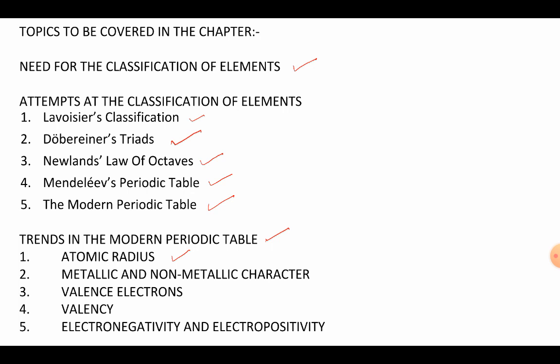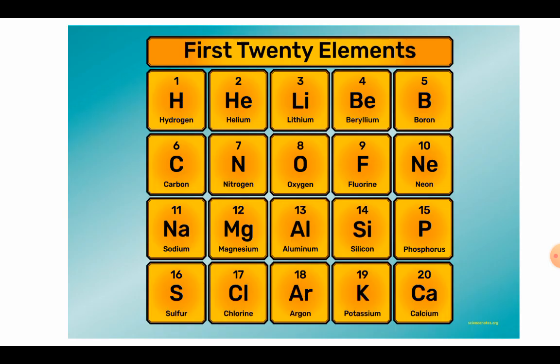Then metallic and non-metallic character, that is, what happens to the metallic and non-metallic character in a period and a group. Then valence electrons, valency, electronegativity and electropositivity. So these are some of the properties that we are going to study and their behavior in a group and a period. Now let us all have a look at this.